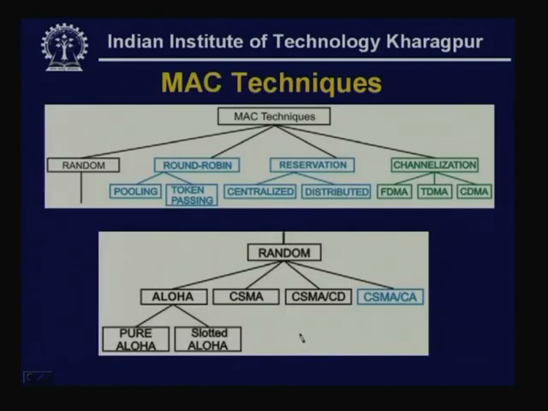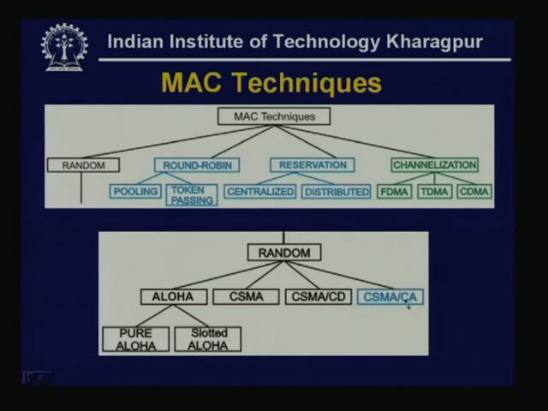So, here is the basic overview of the medium access control techniques. As I mentioned in the first lecture, I discussed the random access type protocols like Aloha, CSMA and CSMA CD. And again, the Aloha has two different varieties, pure Aloha and slotted Aloha.